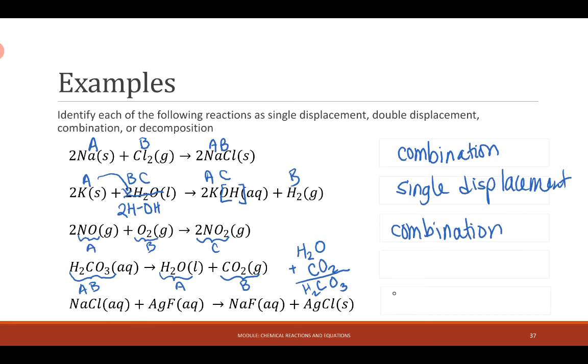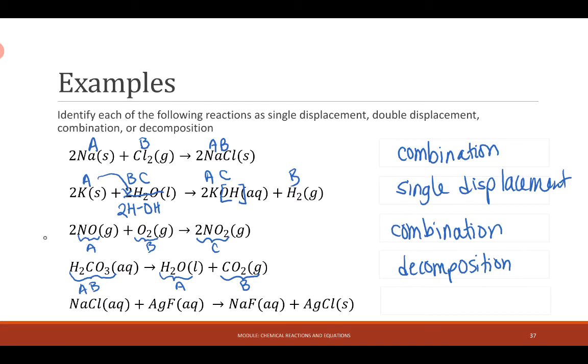So it is a decomposition reaction. It's just that that's a little weird to see it written as A and B when there's 3 different elements. But hopefully that helped clarify the labeling.